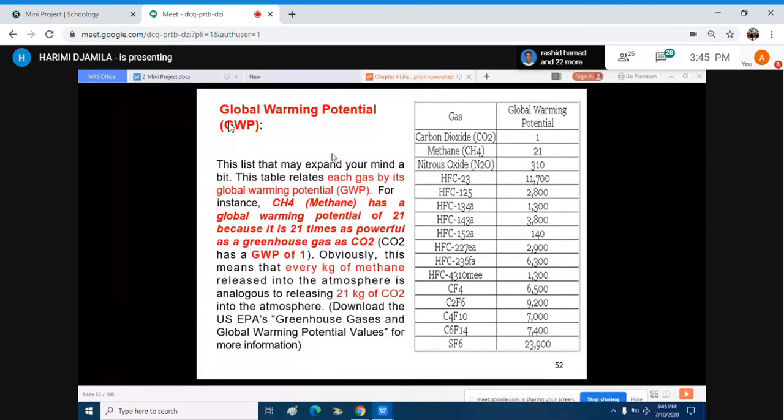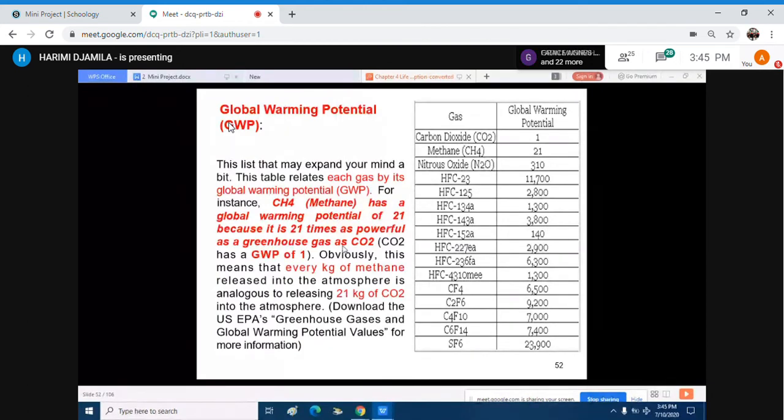So I read here this list that may expand your mind a bit. This table relates each gas by its global warming potential. For instance, methane or CH4 has a global warming potential of 21 because it is 21 times as powerful a greenhouse gas as CO2.